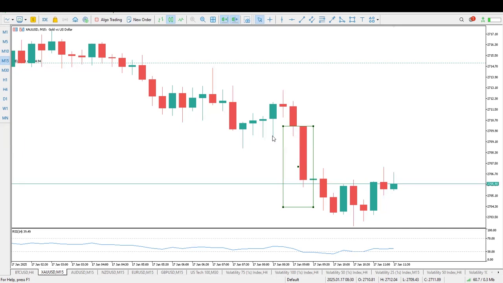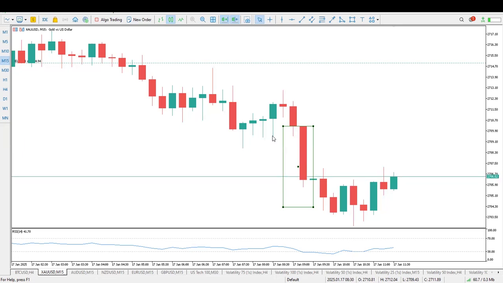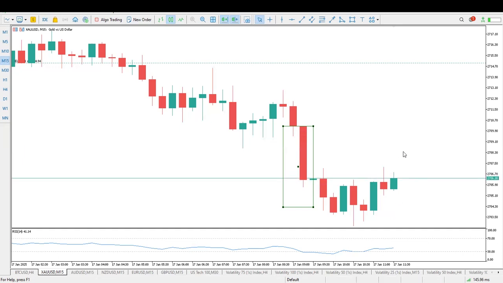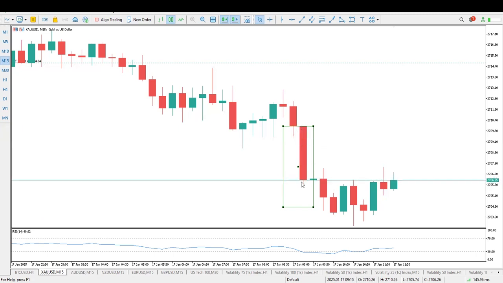Remember I told you earlier that for a downtrend, the market will be producing a series of red candles, while for an uptrend, it will be producing more green candles.